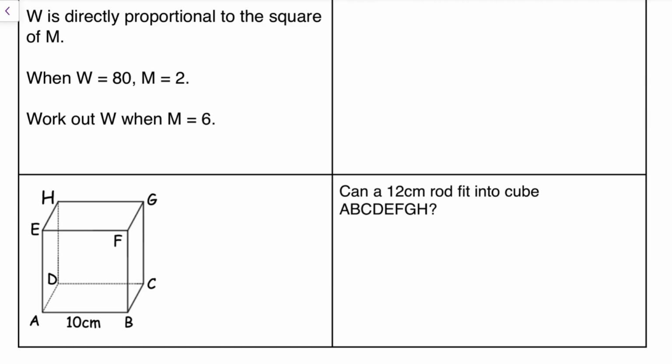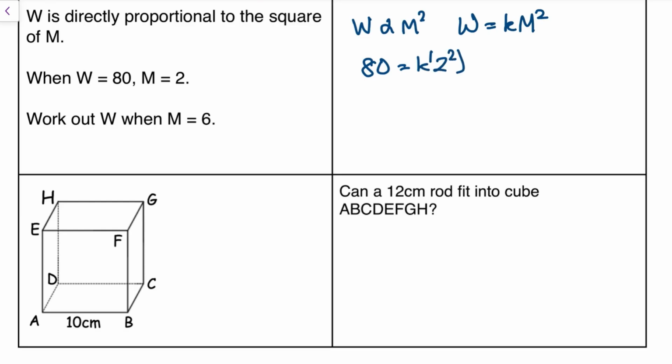Next question. W is directly proportional to the square of M. So my relationship is W is directly proportional to M squared, which means there's an equation that W equals K times M squared. Then it gives me some numbers. Almost always does this. So work out the relationship, work out K, use it again. So it tells me that W equals 80 when M equals 2. So 2 squared is 4.